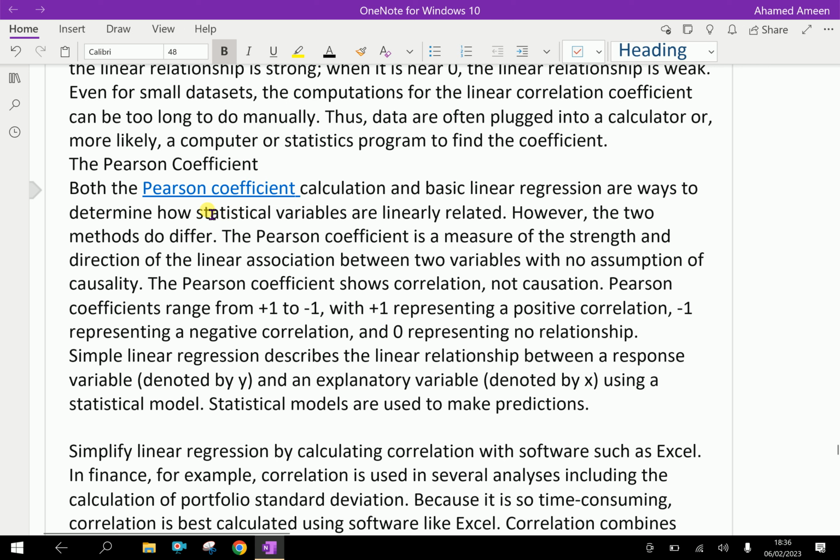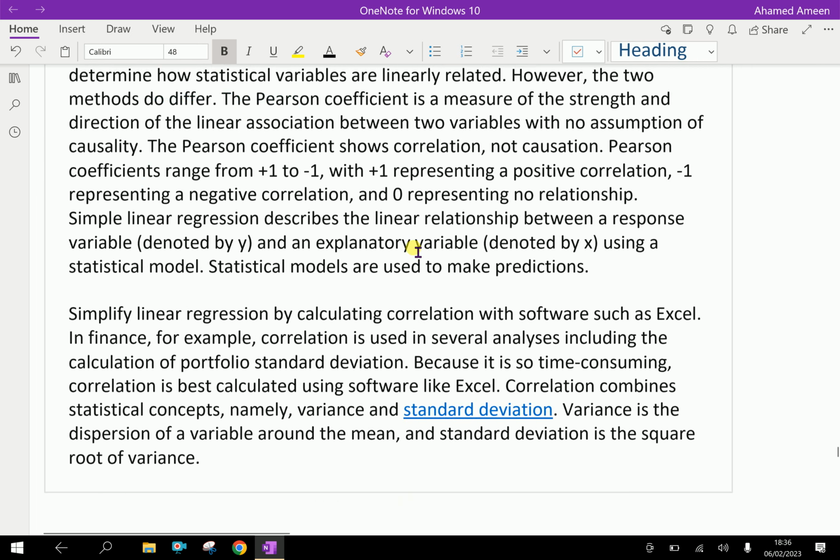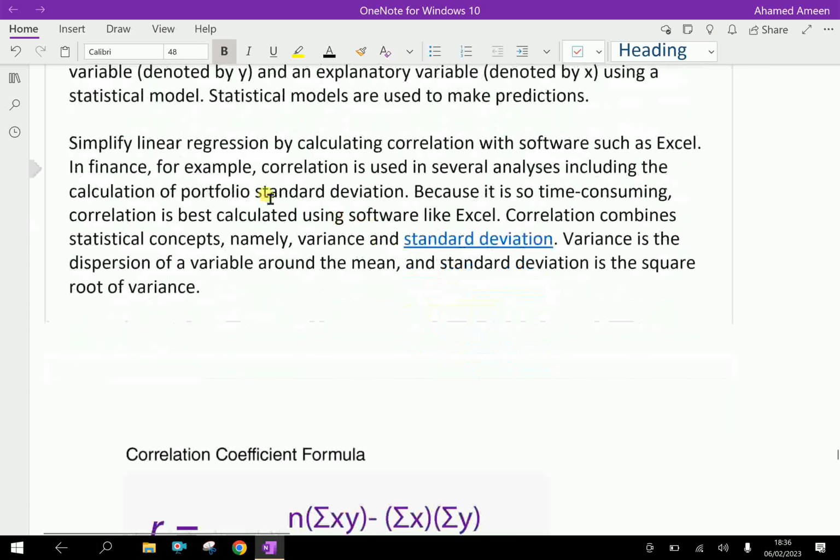Pearson coefficient calculation and basic linear regression are ways to determine how statistical variables are linearly related. We can simplify this by calculating correlation with software such as Excel, but here we are explaining it manually.